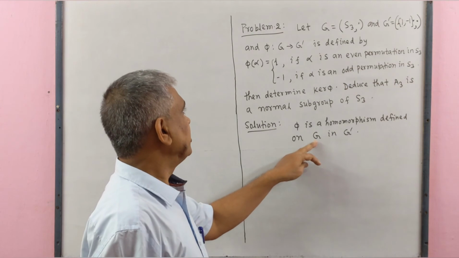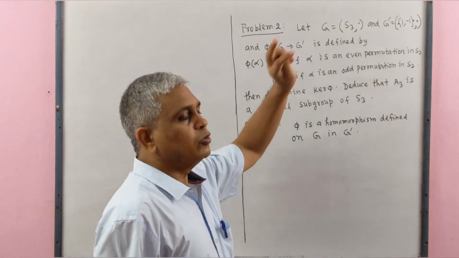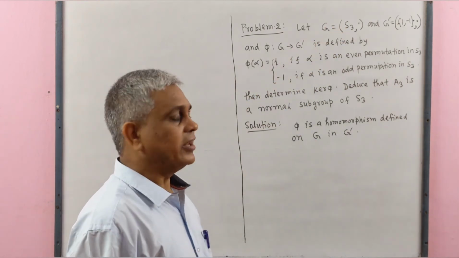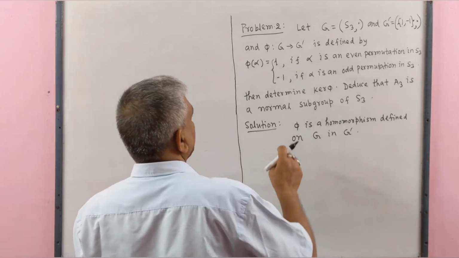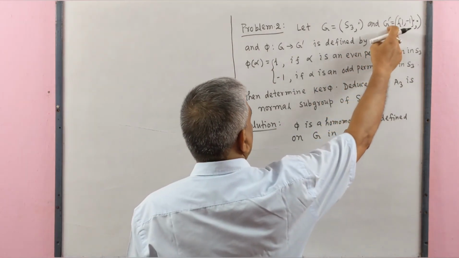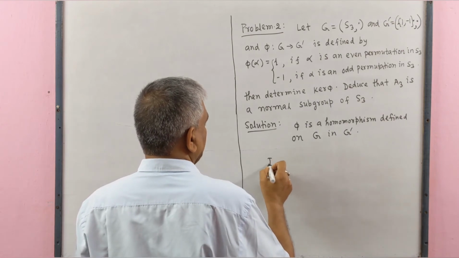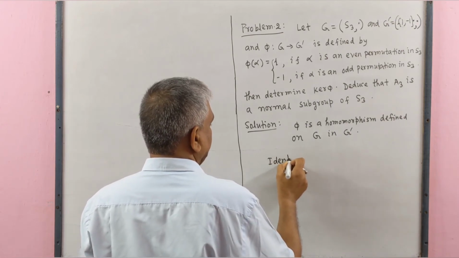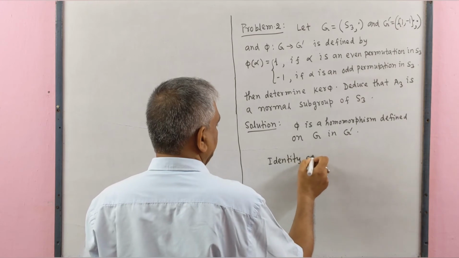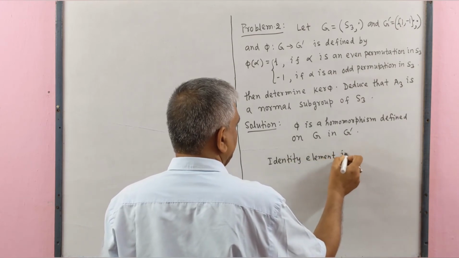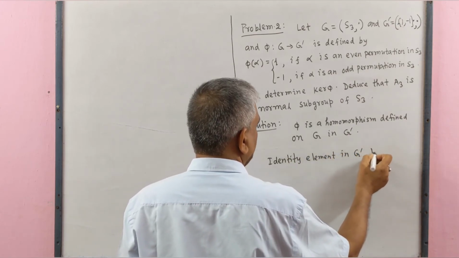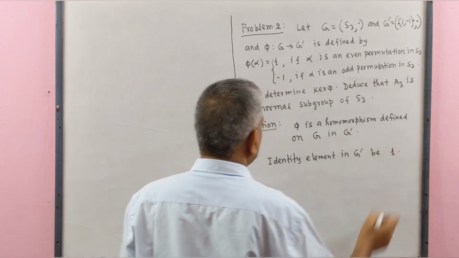Since G is the symmetric group of degree 3, let the identity element in G prime be 1.